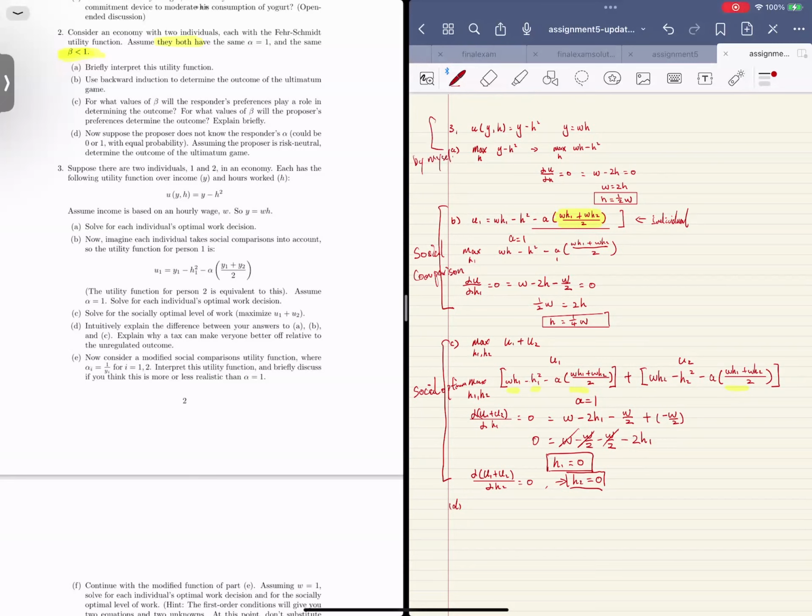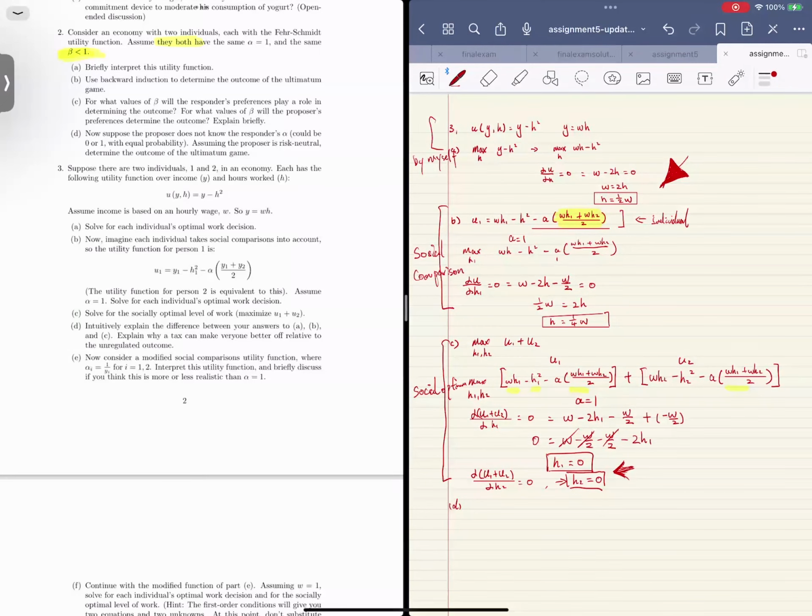A tax reduces the amount of hours worked and therefore gets us closer to the social optimum compared to the social comparison outcome.